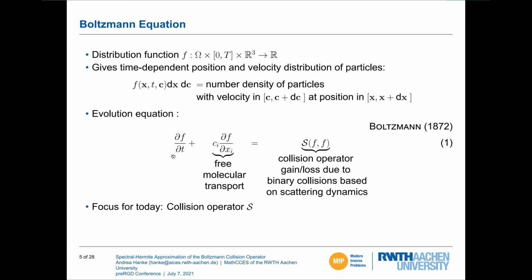And it basically just says, well, changes of the distribution in time must either come from free molecular transport or from collisions between particles within the gas themselves. And this collision operator describes the physics of the binary collision of two particles. And the focus for today is indeed this collision operator S and how we can approximate it.